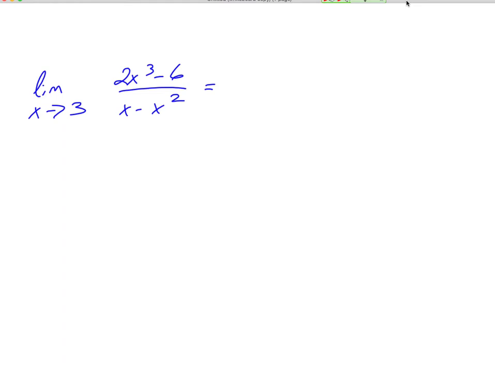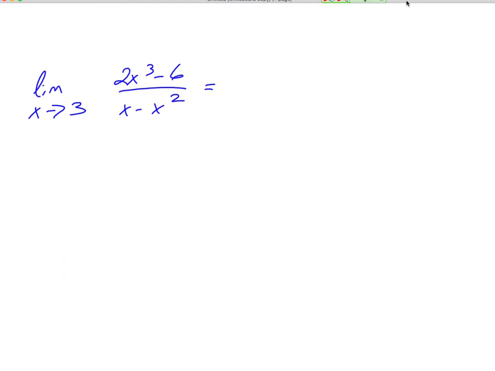The limit as x approaches 3 of 2x cubed minus 6 over x minus x squared. Very good. And what is it we're trying to figure out? What y value are we headed towards as we get closer and closer to the x value of 3?